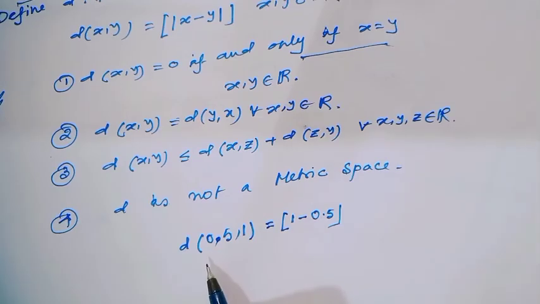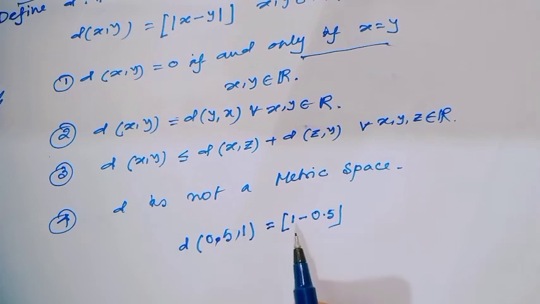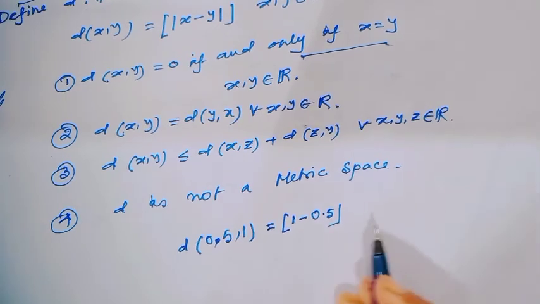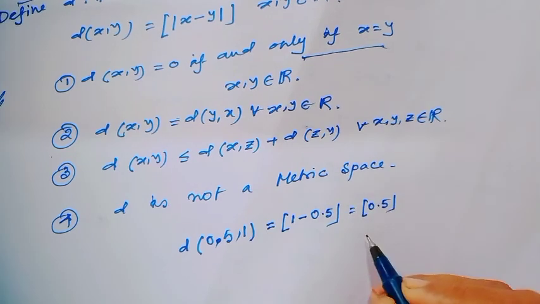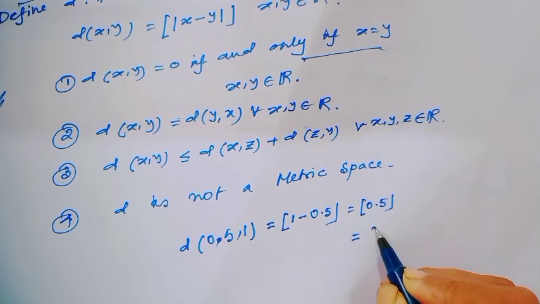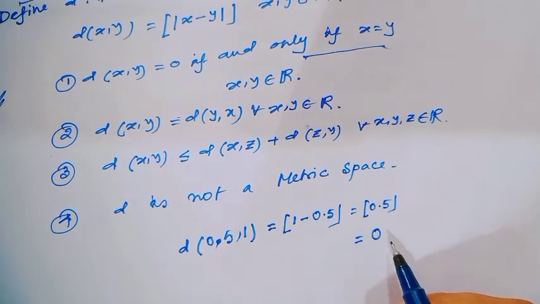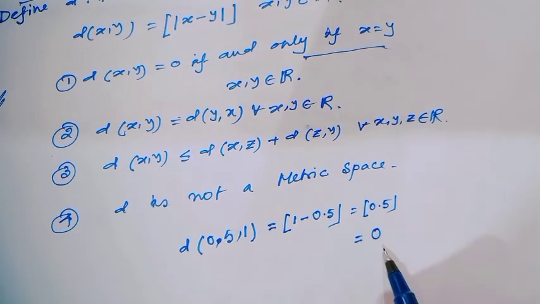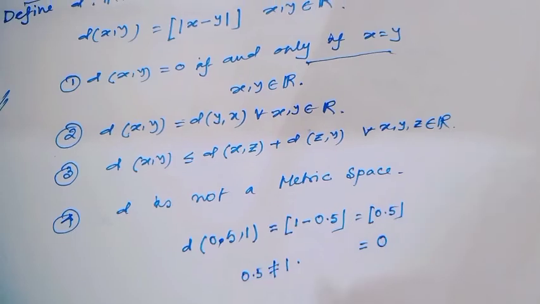If we consider 0.5 and 1, then box of 1 minus 0.5 equals, as we all know, box of 0.5, and box of 0.5 is actually equal to 0. And notice that here D of xy equal to 0, but 0.5 is not equal to 1.